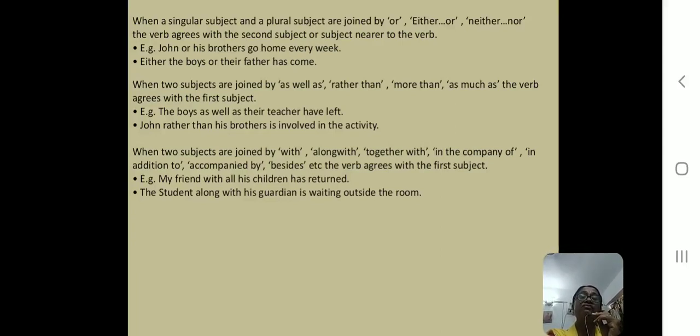For example, my friend with all his children has returned. The first subject is my friend, so I am using here the singular verb has returned. The next one: the student along with his guardian is waiting outside the room. The student is singular, and that's why we are using the verb is, that is the singular one.